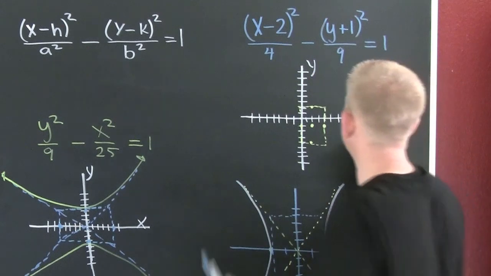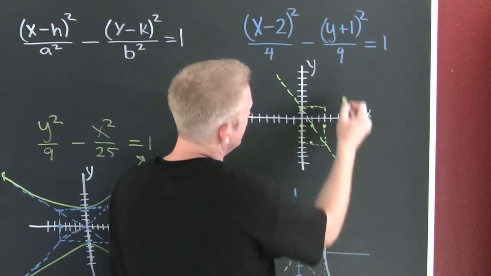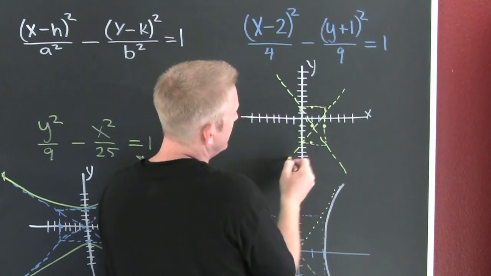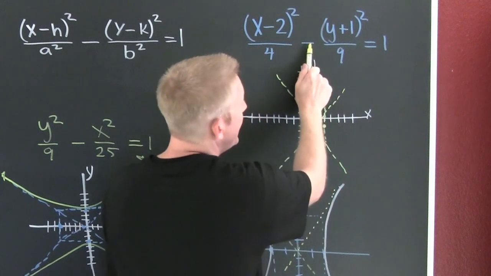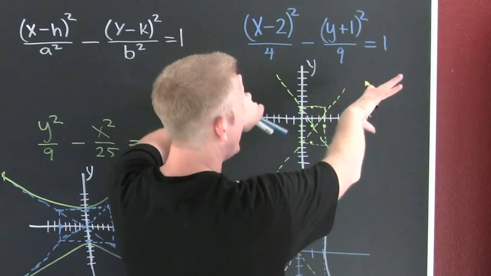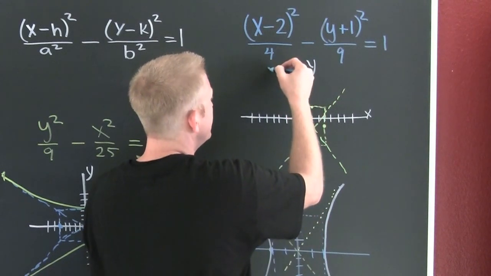Then we connect the diagonals of this box. Now we have to identify which one has the minus sign. The y has the minus sign, so it opens away from y.